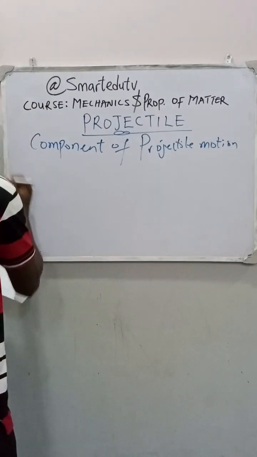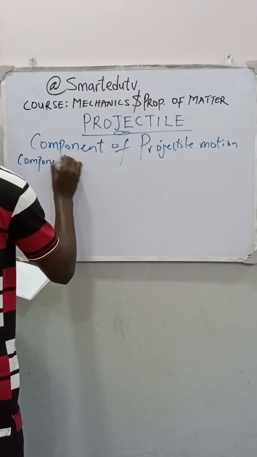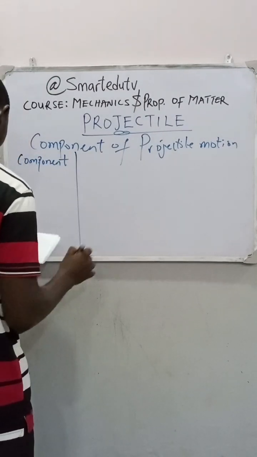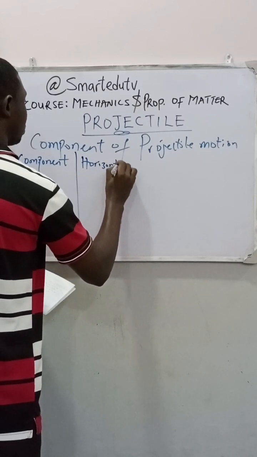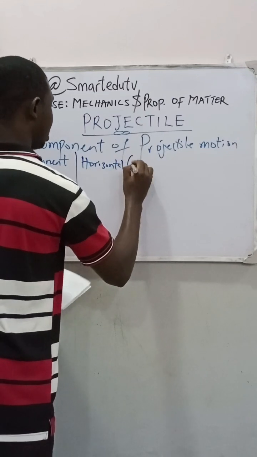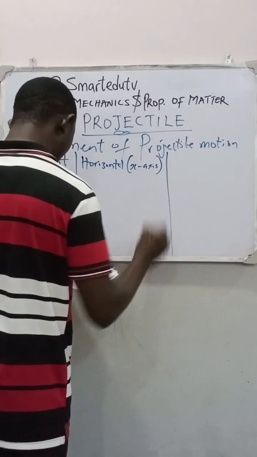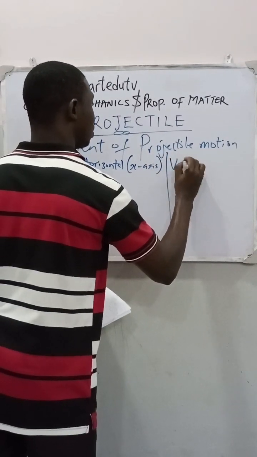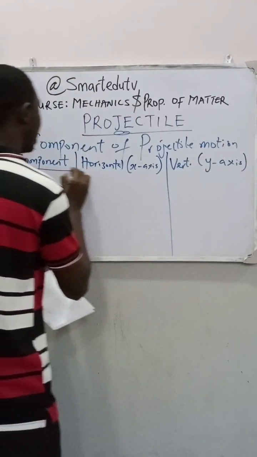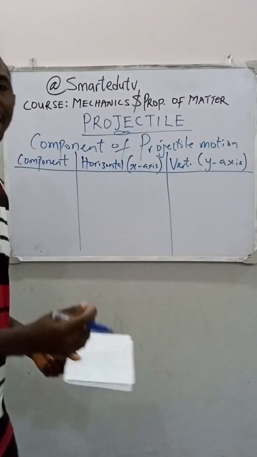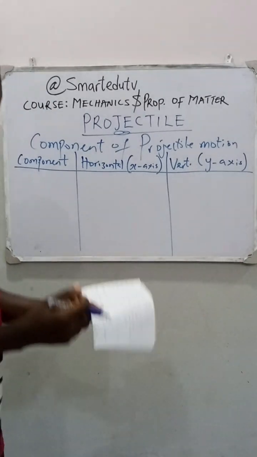So the first column is components, followed by the horizontal axis, that is the x-axis, followed by the vertical axis, that is the y-axis. Now we want to look at what happens to the acceleration, the velocity, and the displacement.